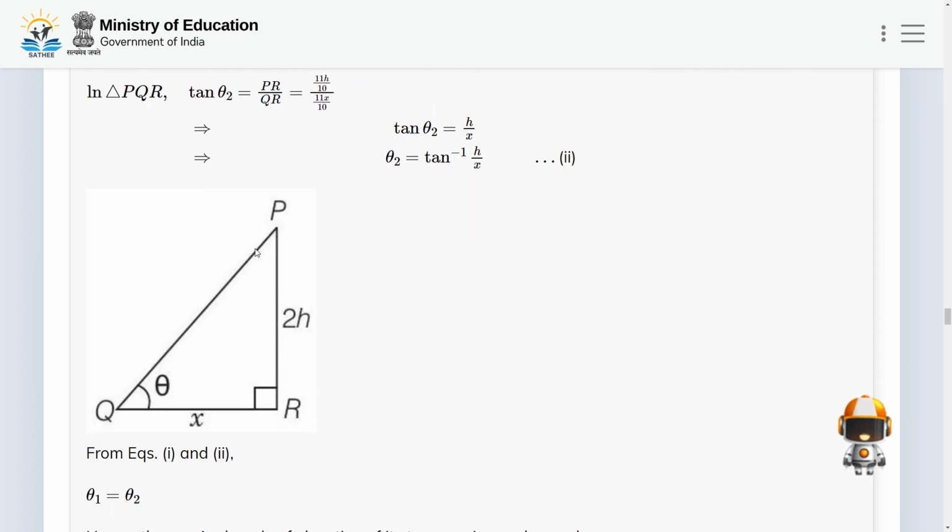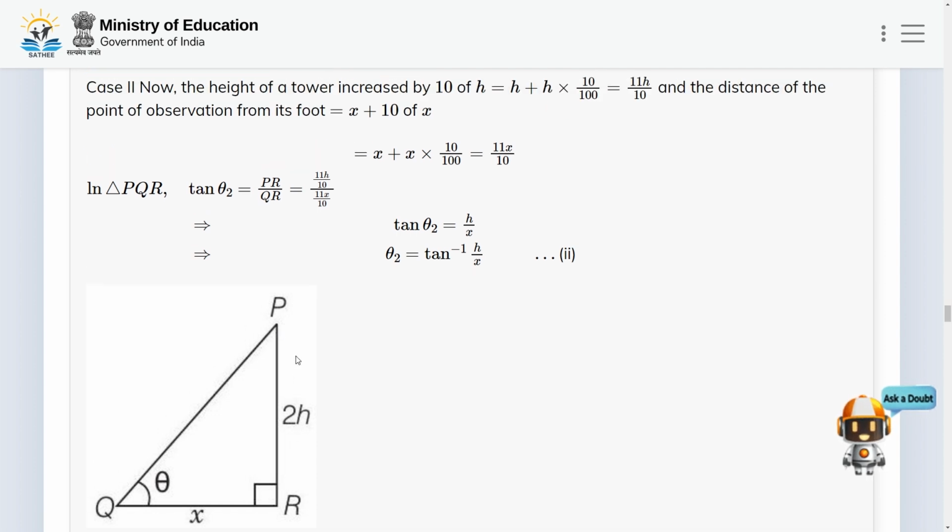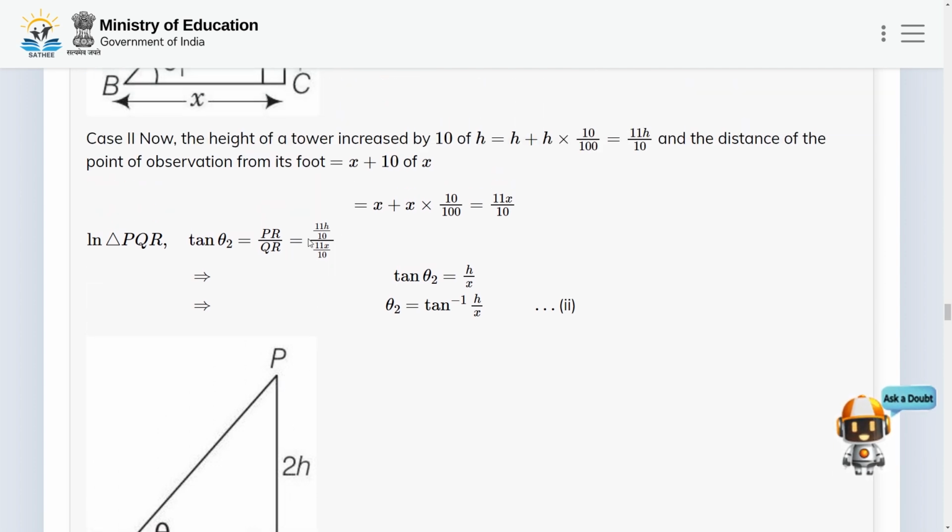Now from this triangle PQR, the angle of elevation is theta 2. So tan theta 2 is equal to PR by QR, where PR is equal to 11h by 10 and QR is equal to 11x by 10.